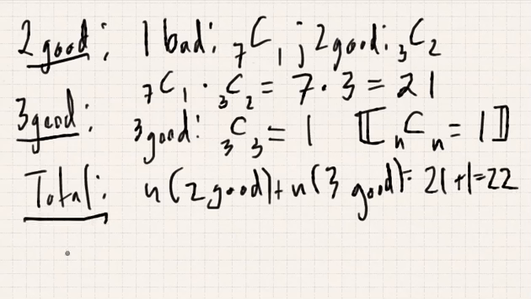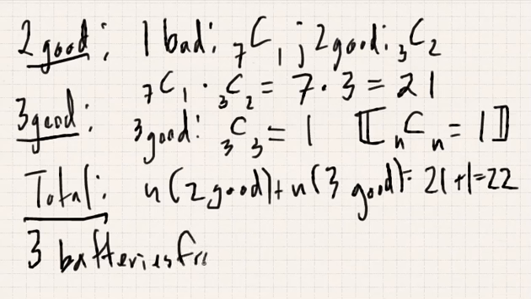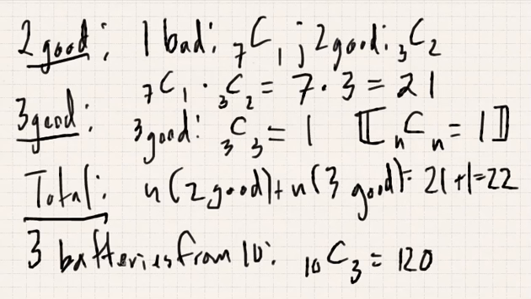Let's compare this to the number of ways that I can just pull out any 3 batteries, ignoring whether they're good. And this is going to be what we're doing when we get into probability. There are 10 choose 3, equal to 120 ways for me to just pull out any 3 batteries.